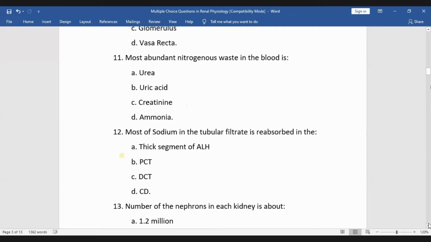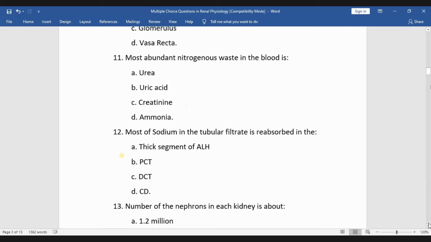The sodium has been thrown out of the cell, so there is a negativity created, and that is the energy which pulls it inside. At the same time, sodium is exchanged with hydrogen. So sodium goes inside, hydrogen comes out into the tubular fluid. Once sodium goes inside the cell, it is removed from the basal membrane by the ATPase pump. Three sodium ions go out and two potassium ions are taken inside. That is what is happening in the PCT.